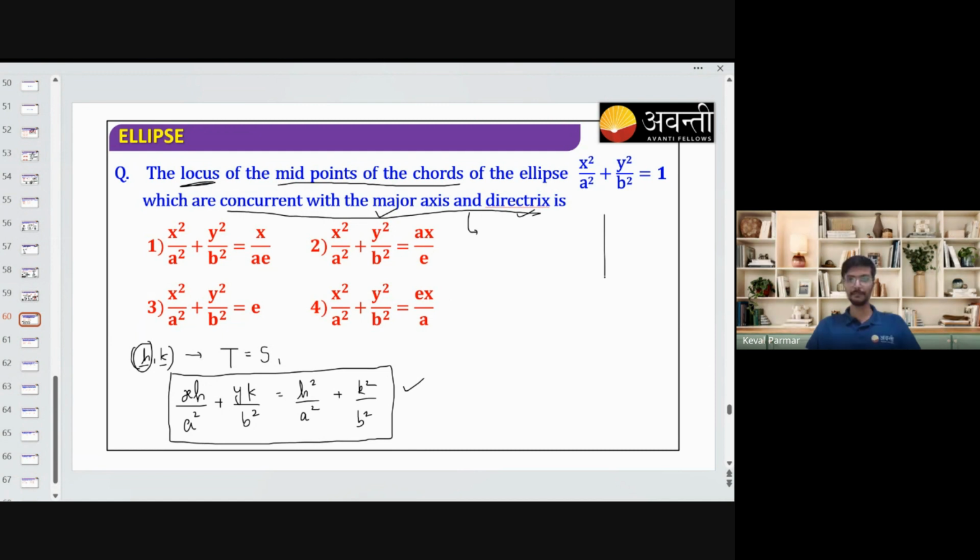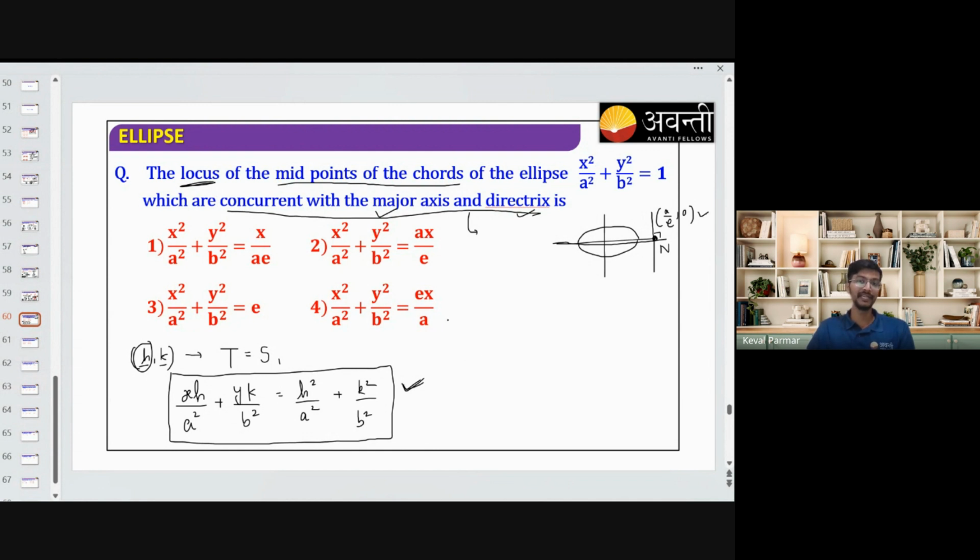This is the ellipse, this is the major axis and this is the directrix. Do you know this point? Yes, guys, it is a by e comma 0. It is also known as the foot of perpendicular from origin. So this locus passes through the point a by e comma 0.